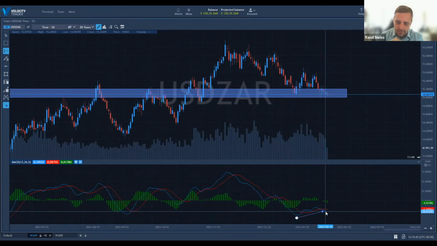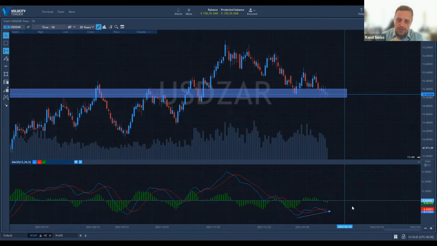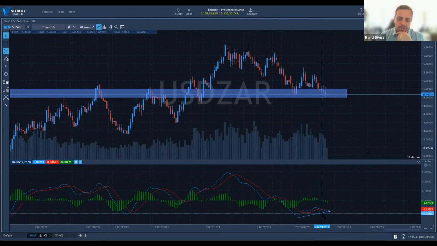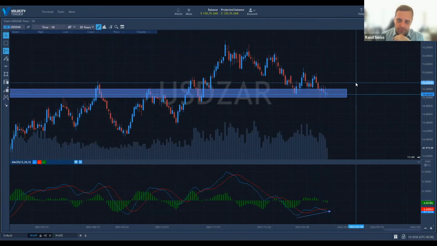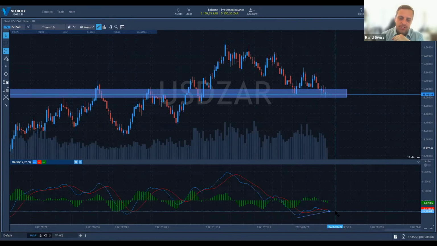Yet, it's starting to trend upwards on the MACD. So that is what's called a bullish divergence. The stock is either trending down or it's flat, but yet the MACD is going up. So that is a bullish divergence, and that's another signal you can consider.